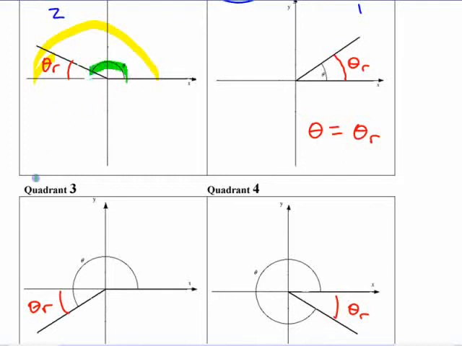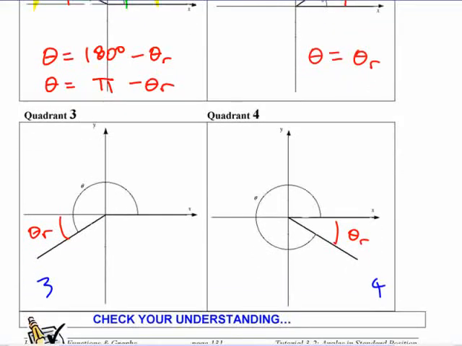To get this angle down here, it's 180 minus the reference angle. So you could say theta equals 180 minus theta r, or in radians, not 2 pi, what would it be? Pi minus theta r. Most of what we're going to do is going to be in radians, but I'll put them both down there.